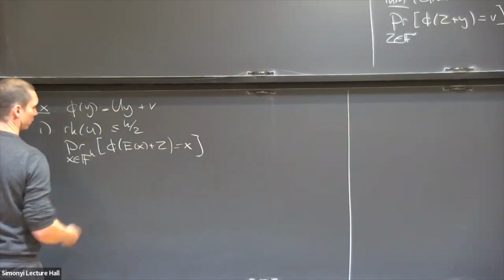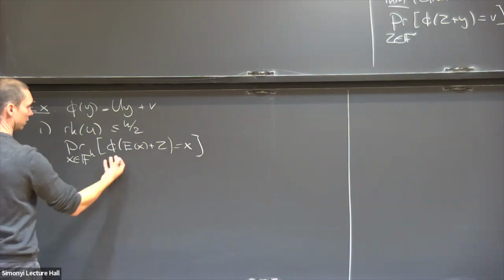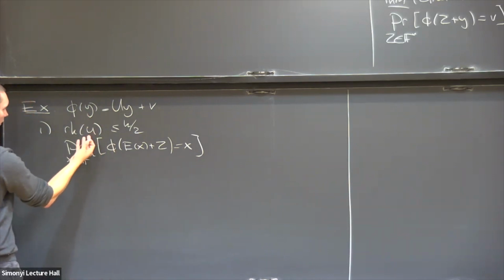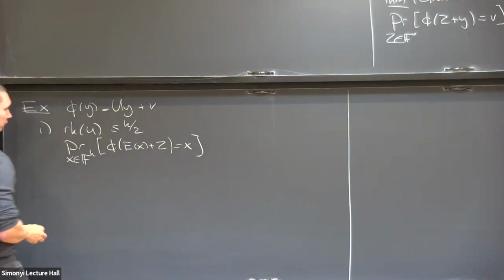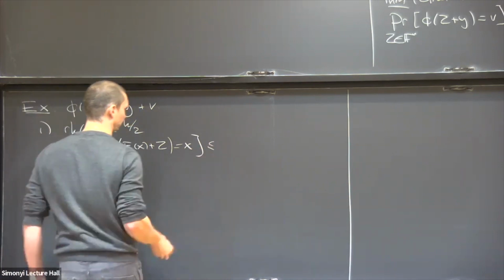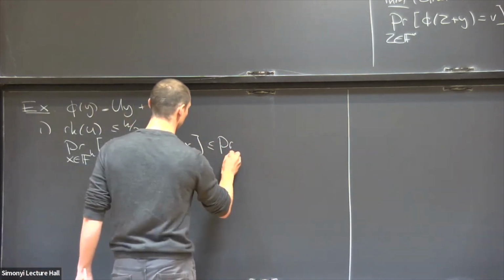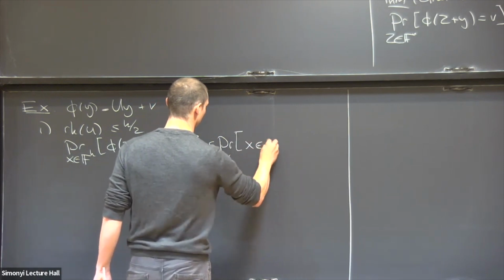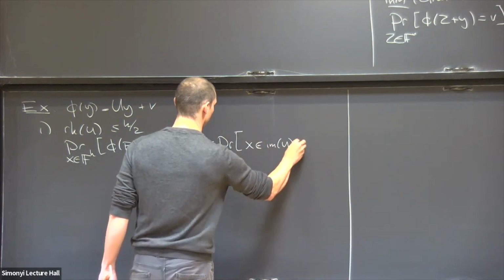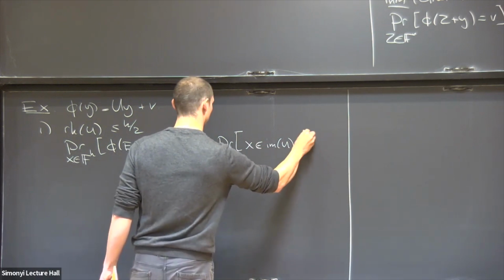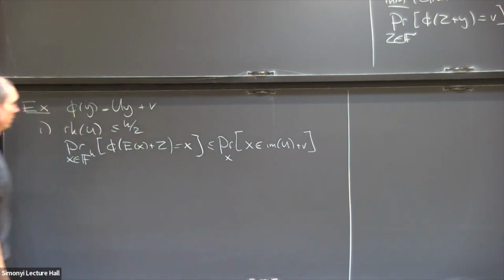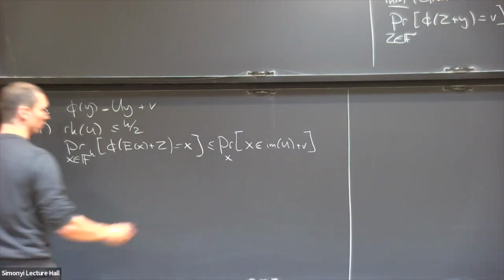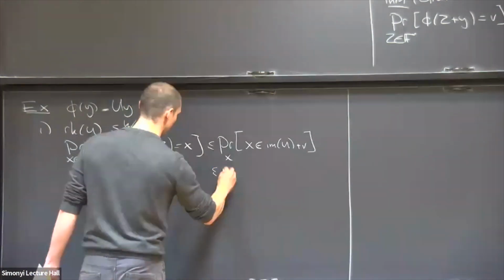This event happens only if this x lies in the image of U plus this vector v, a coset of the image of U. But since the rank of U is at most k over 2, this happens with exponentially small probability.